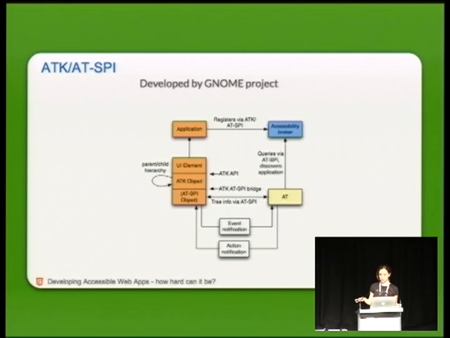Applications register with that daemon. The assistive technology then goes to the broker and asks what applications are running. Then it can talk to the application and get its accessibility hierarchy. This ATK object has this parent-child hierarchy idea. So it can get the hierarchy, get notified when things change, when events happen, and also send notifications of user actions that happen via the assistive technology.